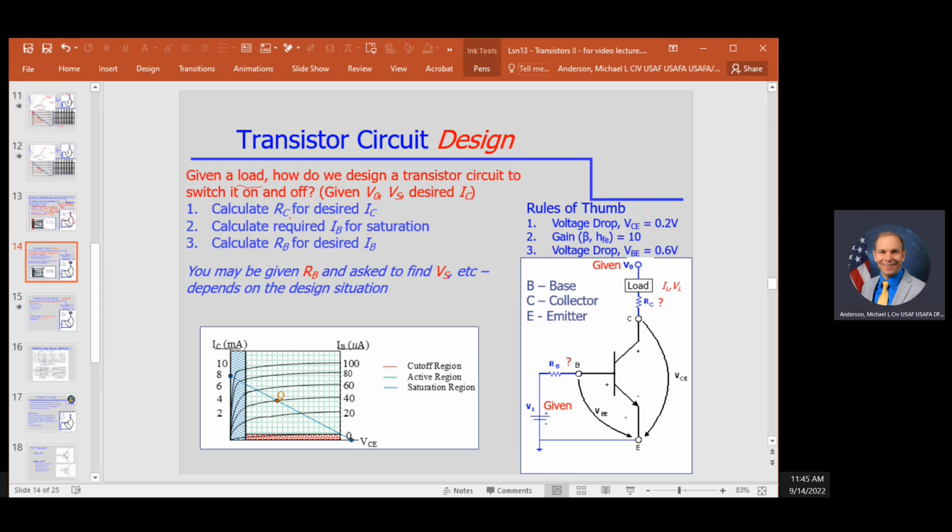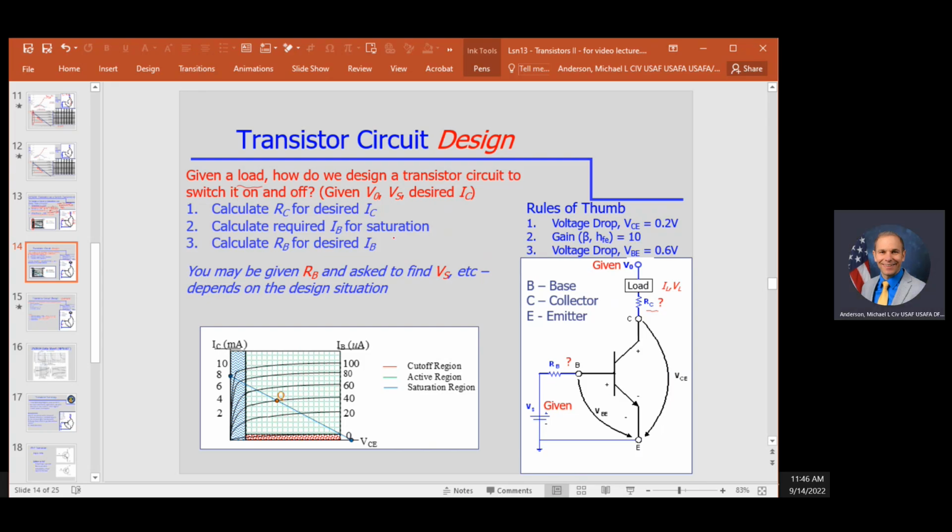So as I said, first we're going to calculate the necessary collector resistor, that's this guy, for the desired collector current. And then next we're going to calculate the required base current that we need in order to ensure saturation.